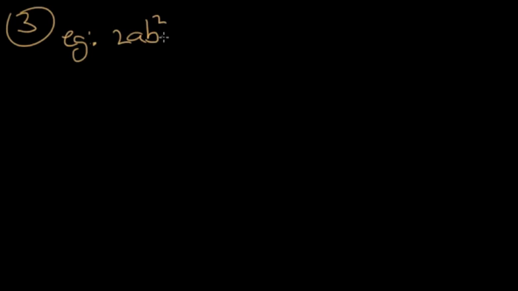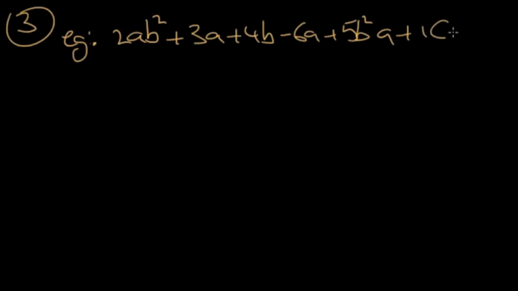A and B are variables. We've got a times a b squared here, plus 3a plus 4b minus 6a plus 5b squared a. And notice these are similar, plus 10.